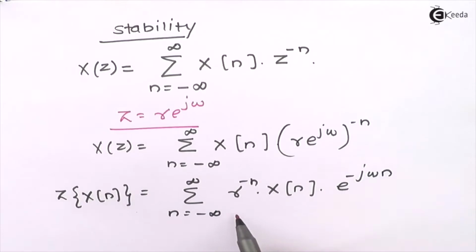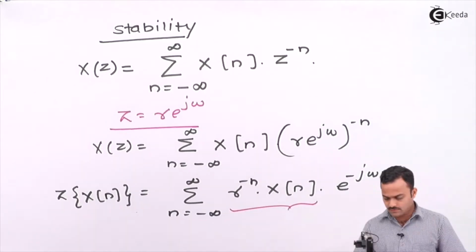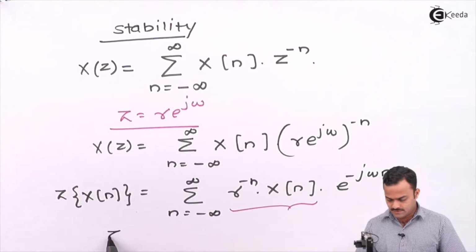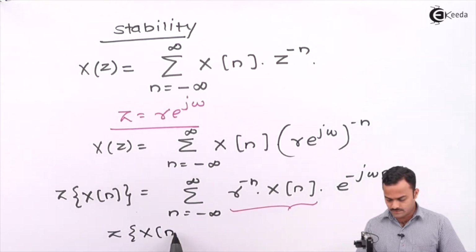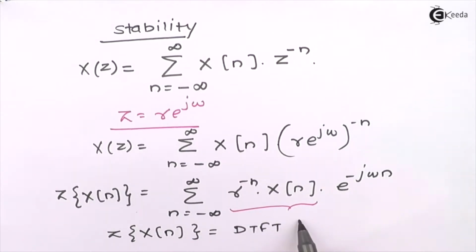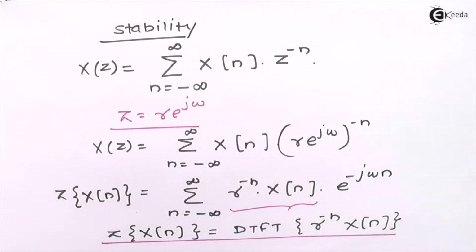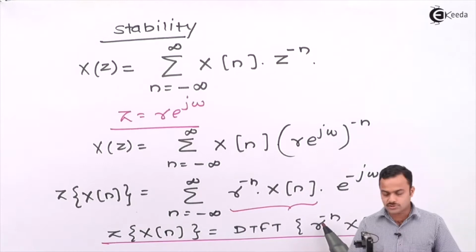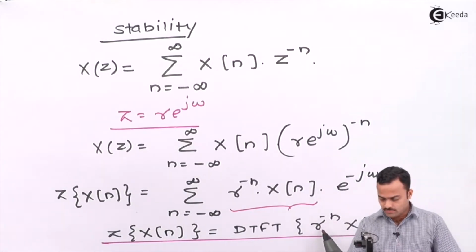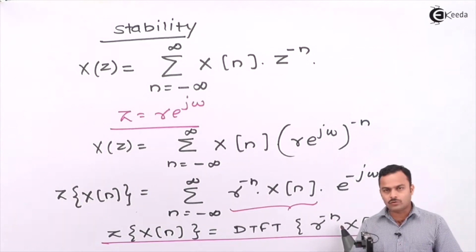Now we know the Z transform of x of n is nothing but the discrete time Fourier transform of r raised to minus n x of n. So what it's saying is that Z transform of any signal can exist, but for a Fourier transform to exist, this should be summable. That means this should reduce to 0 with the increase in the value of n.